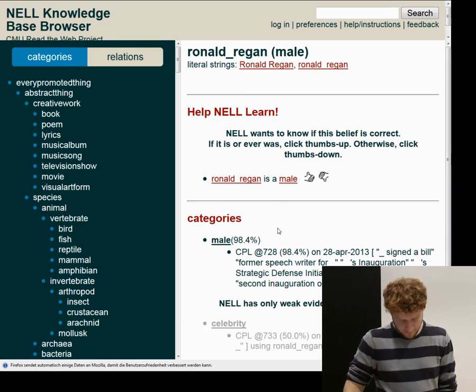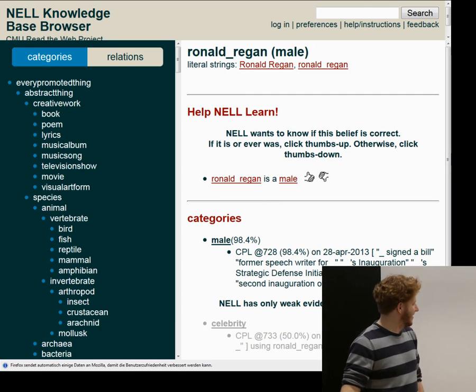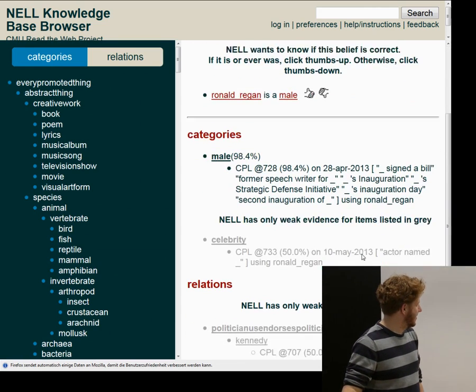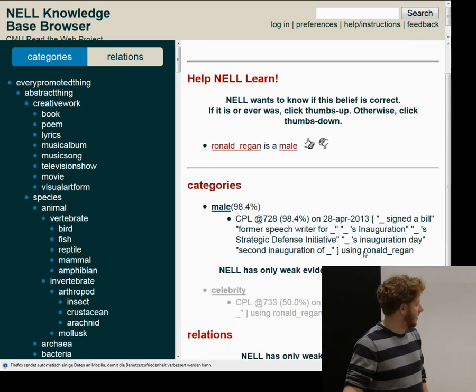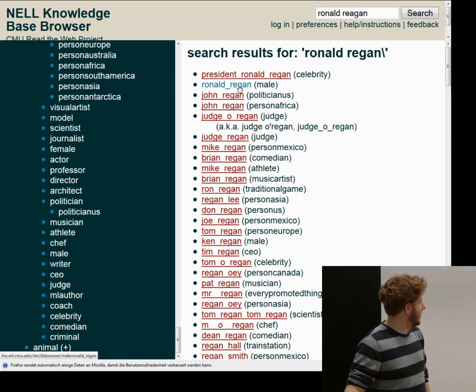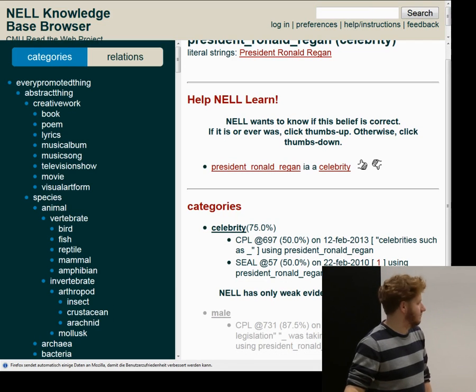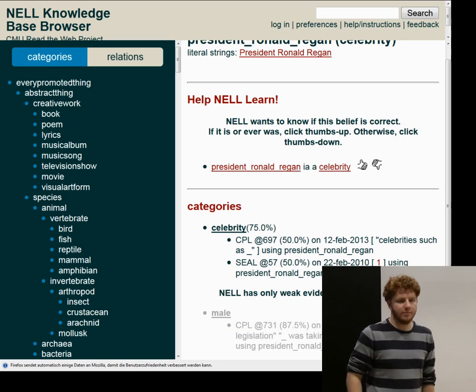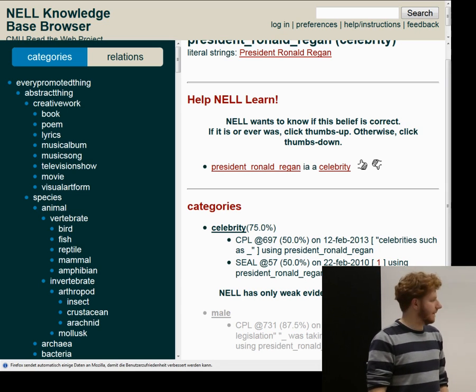So he's just male. We don't know anything about him. He's also a celebrity, but it's not confident. Okay. But if you go back, there was also the president somehow, right? Yeah, there was President Ronald Reagan. I guess that is a different person. Oh, okay. Maybe the system wasn't quite aware that it is the same person. So it's assuming that these categories are mutually exclusive then. Yes. In this case, at least.